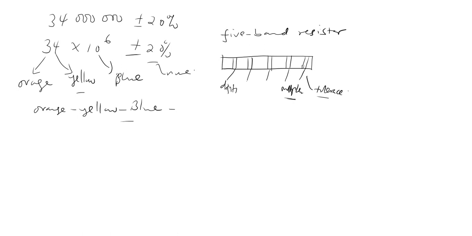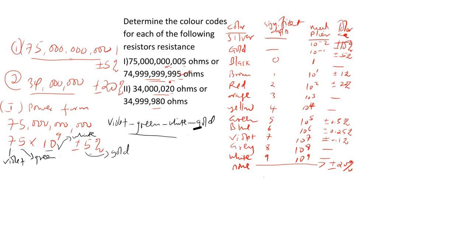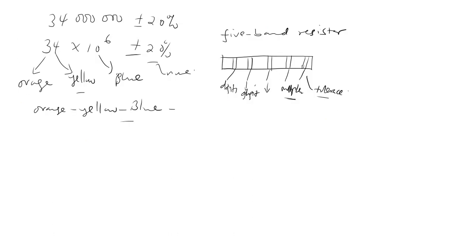So the very last one is tolerance, the second last is multiplier. Then the rest, if it were 5-band, will be digits. So it means you read the colors of the digits represented under the column of significant figures. So these 3 will be digits. Then we go to multiplier and we go to tolerance. If it is a 4-band, we have the very last two representing multiplier and tolerance, and the rest, which are two, will be digits.